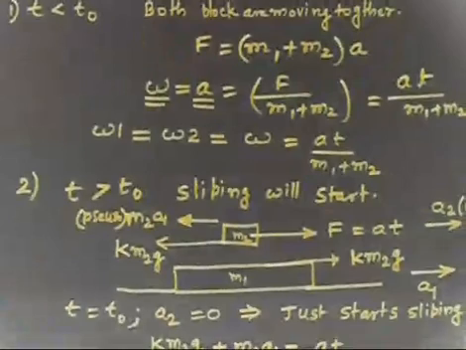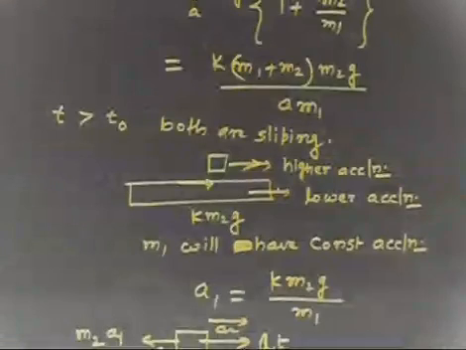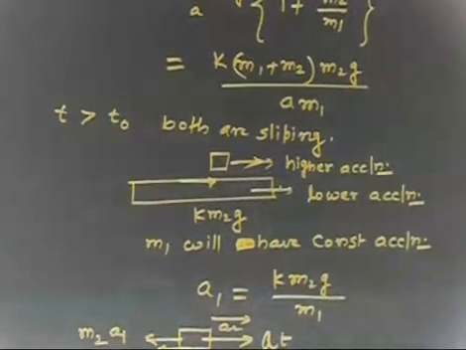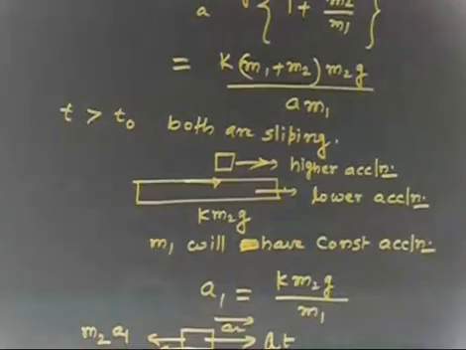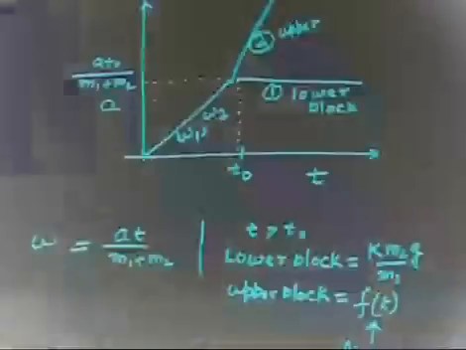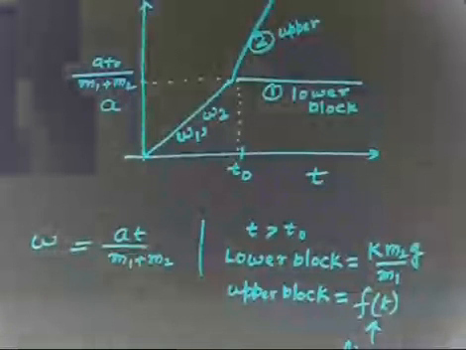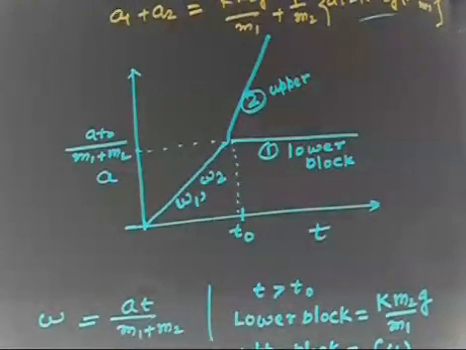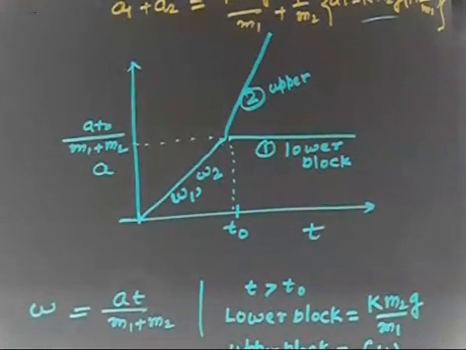This means the upper block will have zero relative acceleration when slipping just starts. If I use that, I can solve for T0. If I solve for T0 and plug in all these values and make a diagram, I will get the same kind of diagram. After some time, block 1 gets a constant acceleration. So this is all about this problem. We'll discuss the next problem.